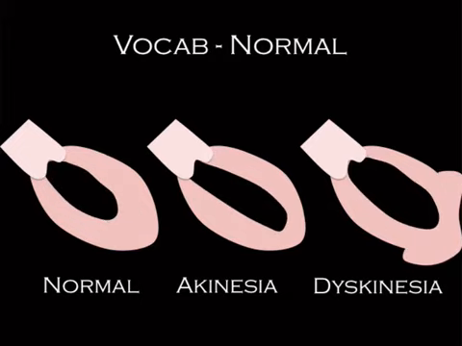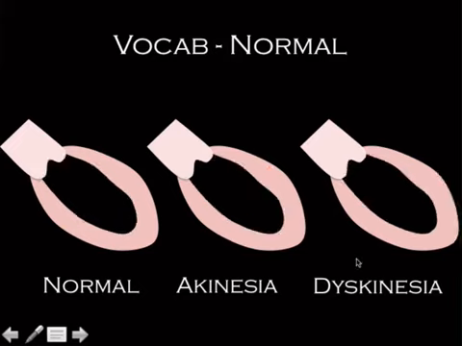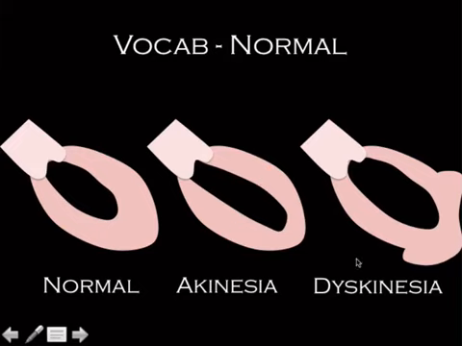So if we look here, this part's contracting, this part's contracting, this part's not. Watch, it stays the same. See that? So you would say that this apical portion here is akinetic. That's not contracting.